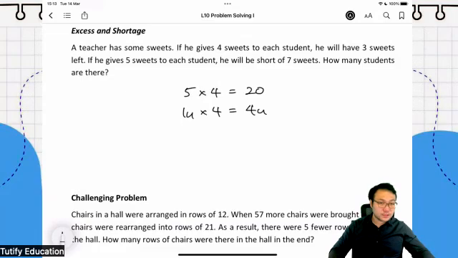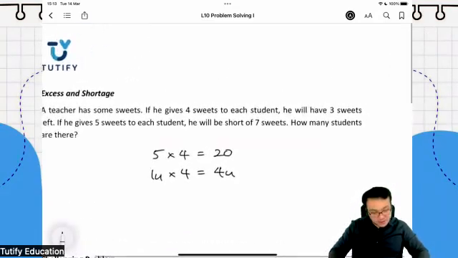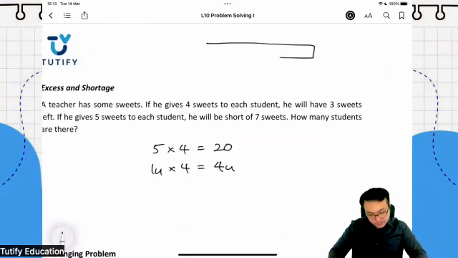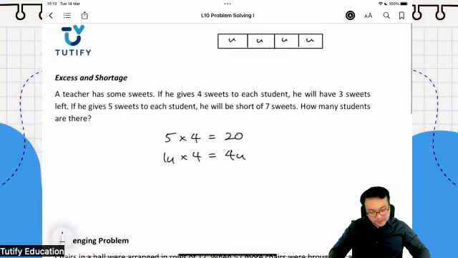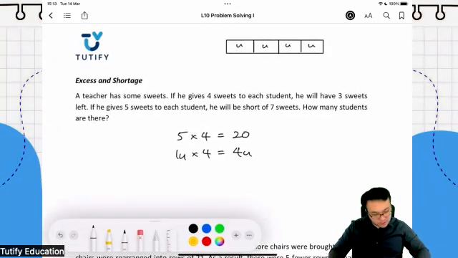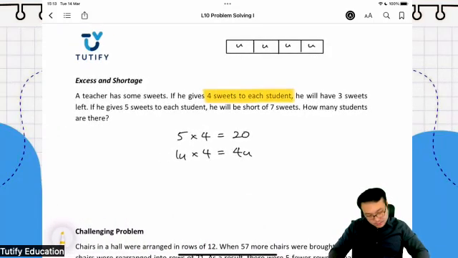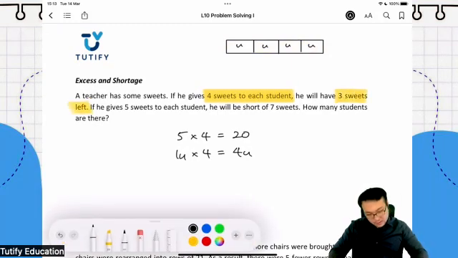Correct, 4 units. So let me draw a model. Okay? I am needing 4 units of sweets. Okay, so if I give 4 sweets to each student, I will give 4 units of sweets, correct? Yeah. And how many will I have left? 3 sweets.